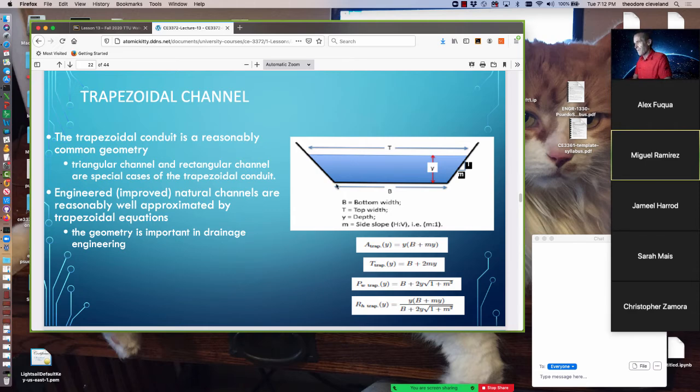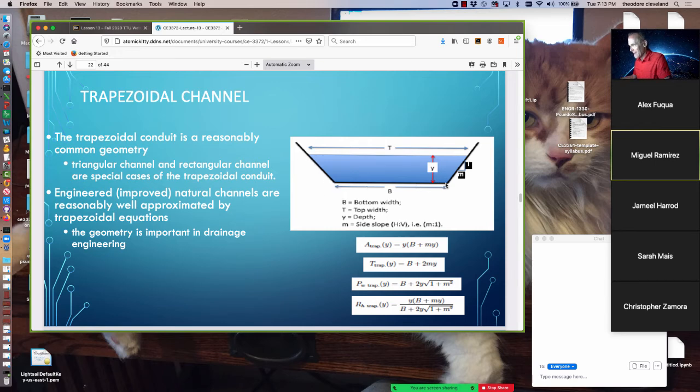The top width is simply the bottom width plus the length of this leg on the triangle on the left plus the length of this leg on the triangle on the right, and that works out to be b plus 2 times m times y. The wetted perimeter is a little more difficult because we need to figure out the length of this hypotenuse with respect to the depth y, and we find the length of this hypotenuse on the left side also with respect to y.